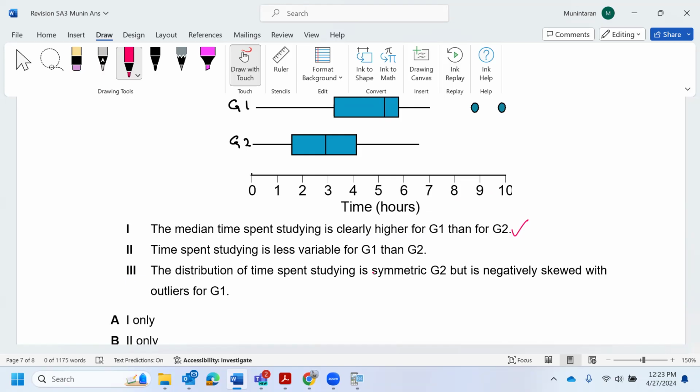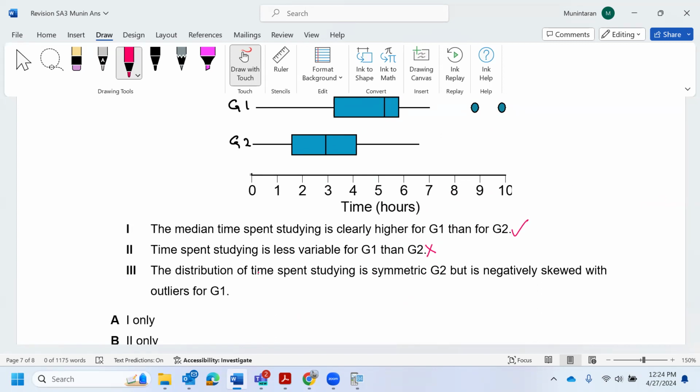The time spent studying is less variable in G1 compared to G2. That is definitely wrong. G1 is more widely spread, and they also have 2 outliers, 2 very hardworking students, so it should be the other way around: G2 is less variable than G1.